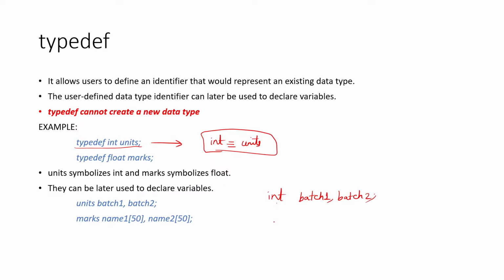So instead of int I am writing units, instead of this batch 1, batch 2. Same thing happens with this case. Float and marks become the same. Now for the rest of the program, these two are the same. So marks name 150, this is how you define an array, which we will learn later. Okay, so this is the use of typedef.